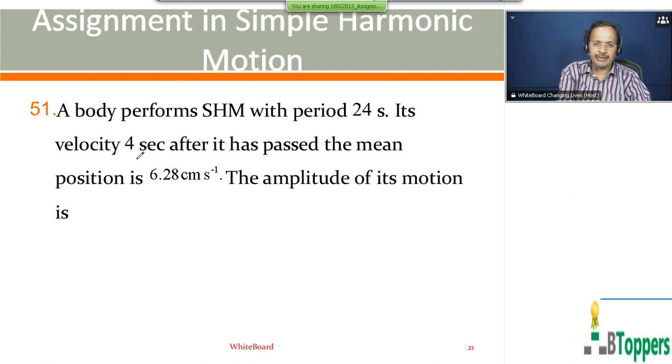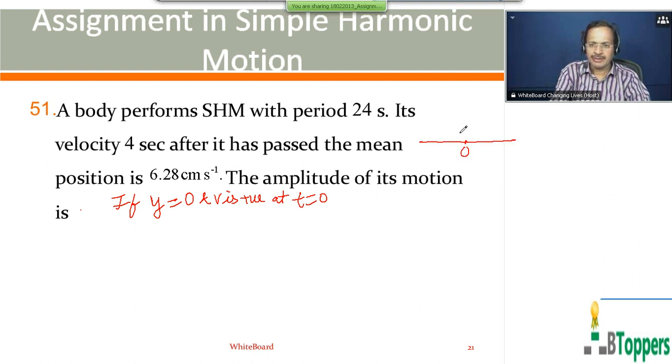the expression for velocity at time t after it has crossed the mean position. If you start counting time when the particle is initially at the mean position, and let us denote the distance from the mean position as y, if y equal to 0 and v is positive at t equal to 0, that means the particle crosses the mean position at t equal to 0 in the positive direction.